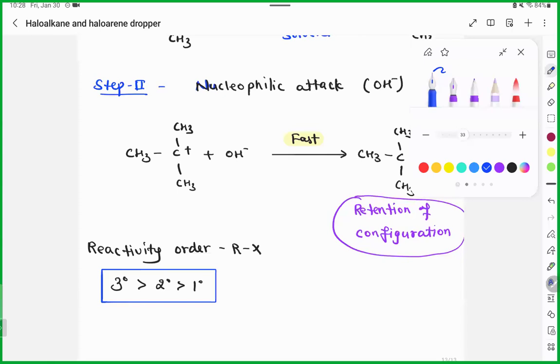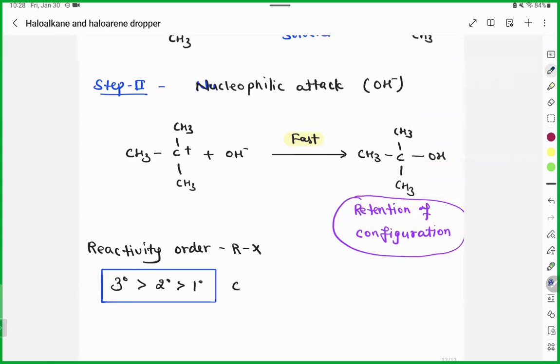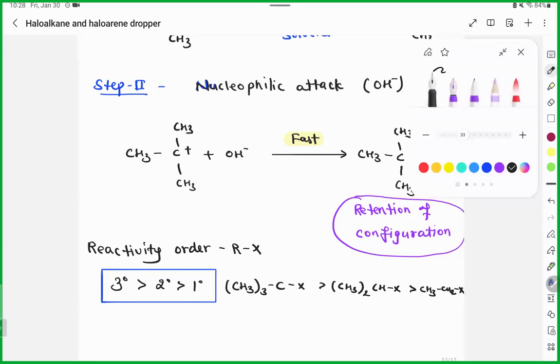Or if you write in the proper form, (CH3)3C-halogen is more reactive than (CH3)2CH-halogen, which is more reactive than CH3CH2-halogen. So these are again tertiary, secondary, and primary.